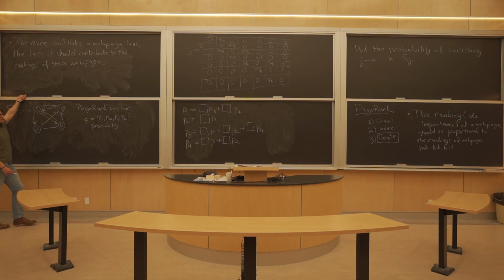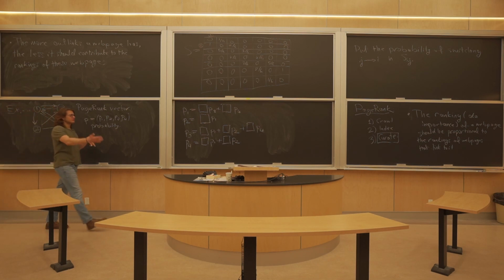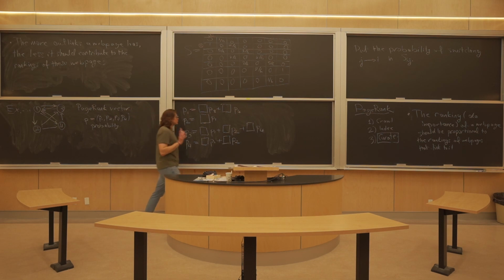Which means that if I'm trying to come up with a Markov chain, the weights on these arrows should be 1 over 3, 1 over 3, 1 over 3. Okay? So that means that whenever the first web page contributes to some other web page, it should be 1 over 3 times its own ranking.